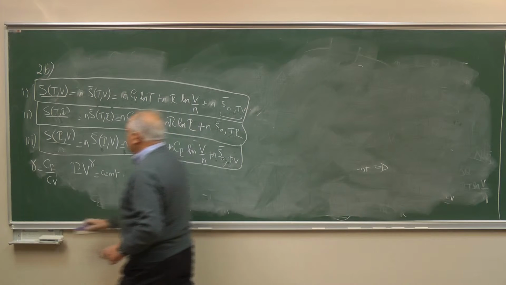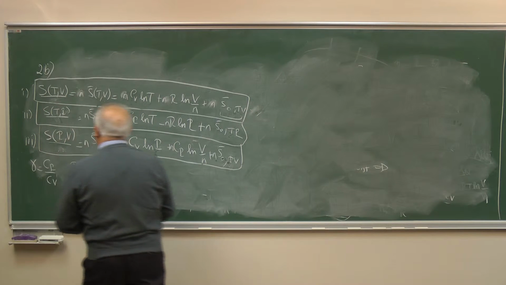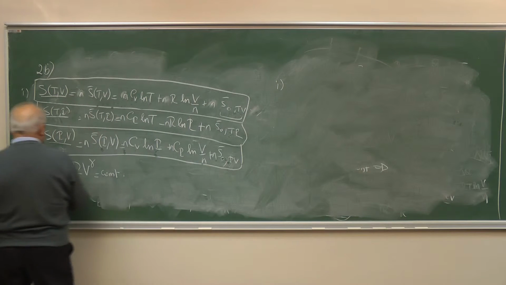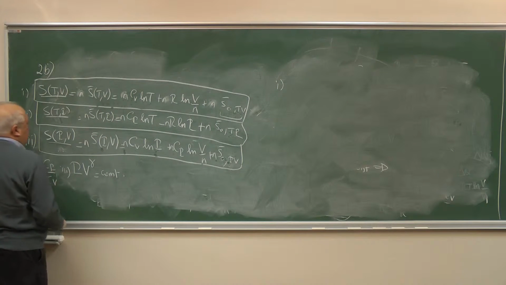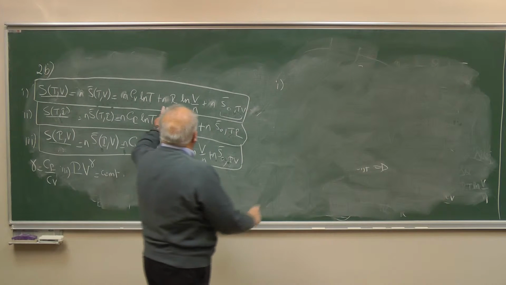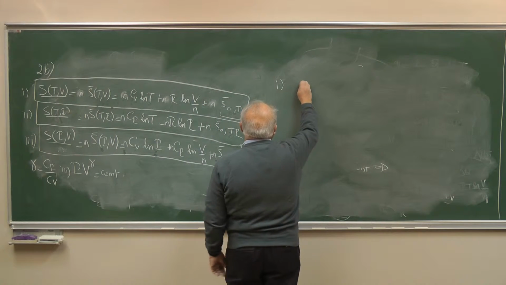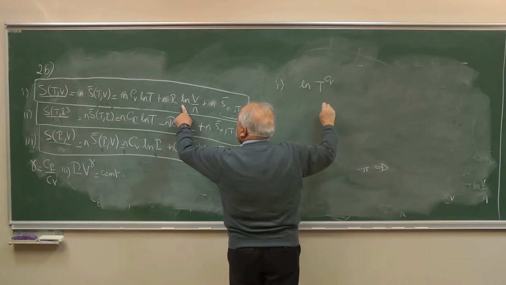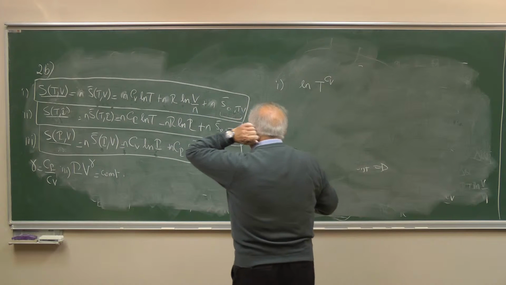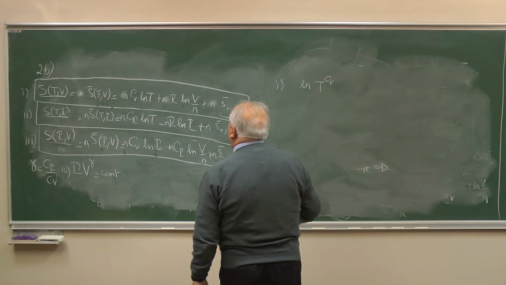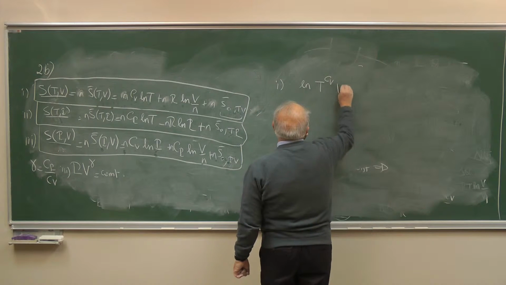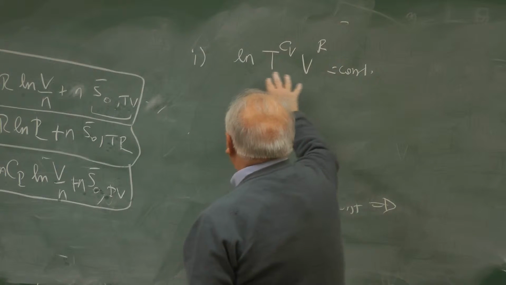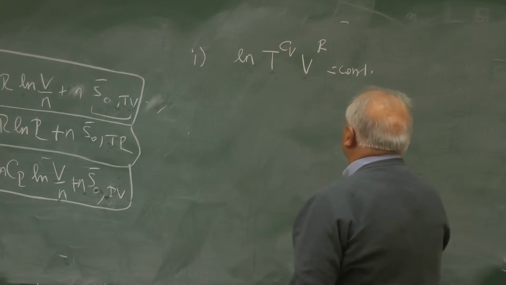Let's look at 1. This was from 3. So it says log T to the CV times V to the R is equal to a constant. If log is constant, function itself is a constant.